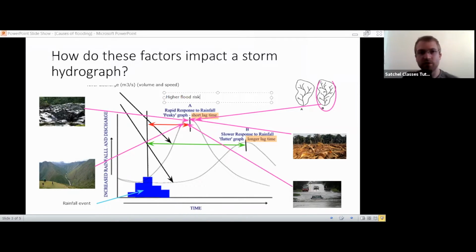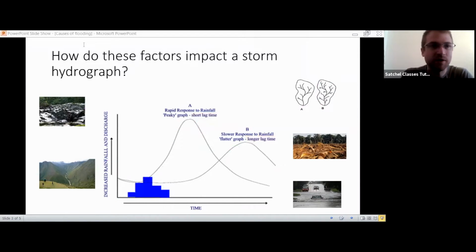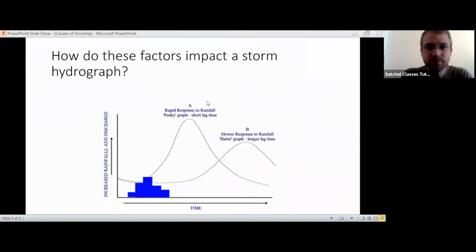So what we'll do is we'll just clear this and we'll just identify it on a little bit clearer background. Okay, so if we go to river A, which is the one on the left, this has the short lag time, so the time between the peak rainfall and peak discharge.